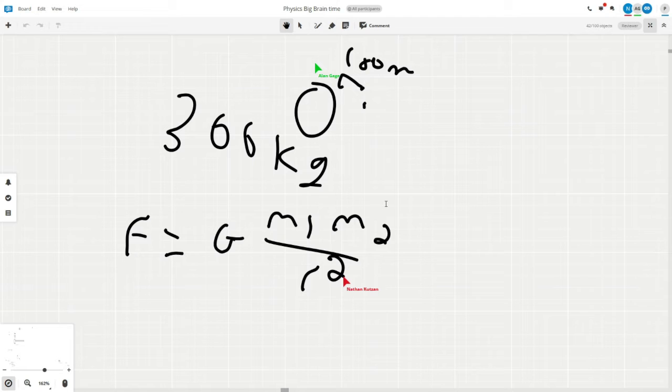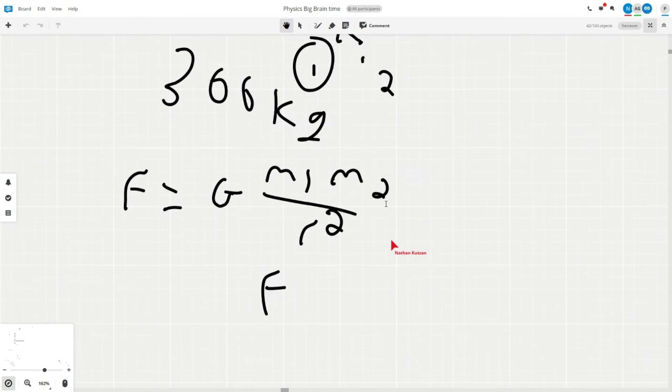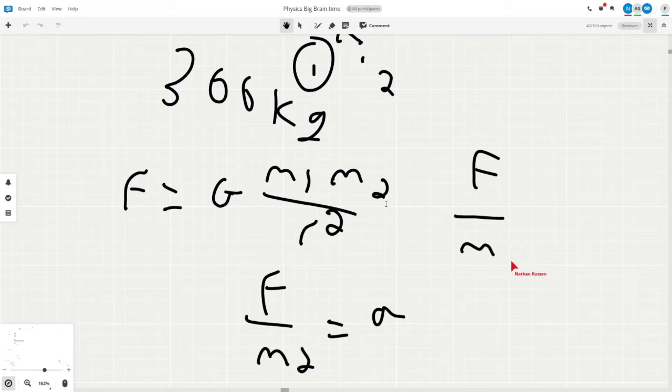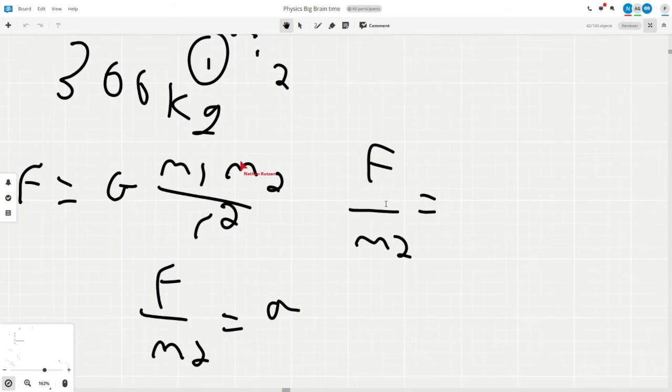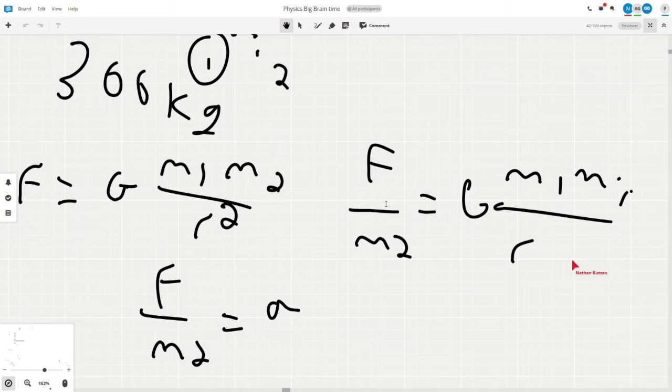So let's say that this planet over here is mass 1 and the person over here is mass 2. So if we knew the force, the force over the mass of the person is equal to the acceleration. So if we put that back into our whole equation, force over mass of the person is equal to G m1 m2 over r squared times the mass of the person.